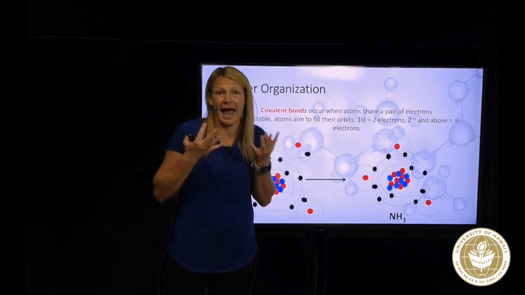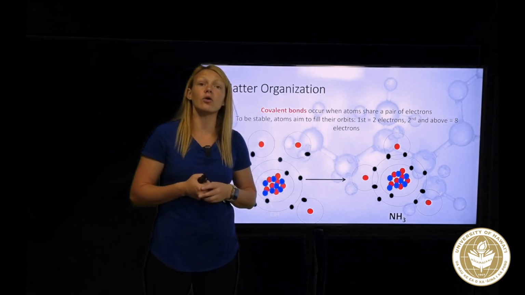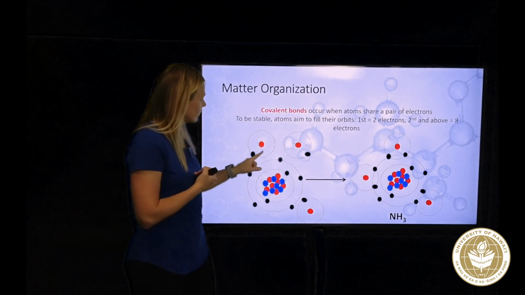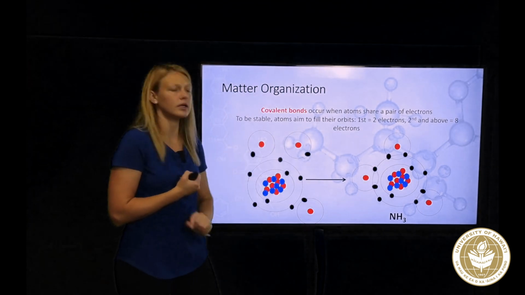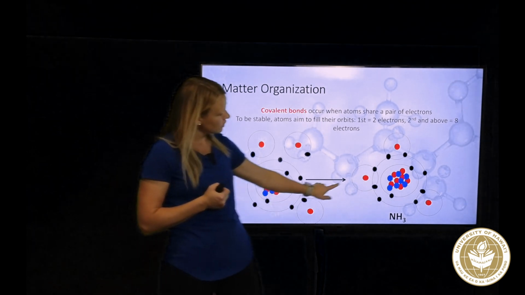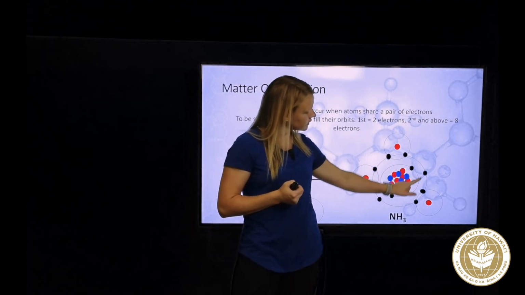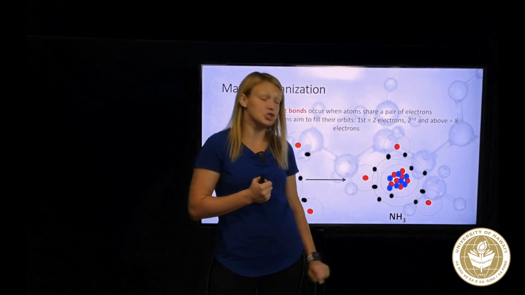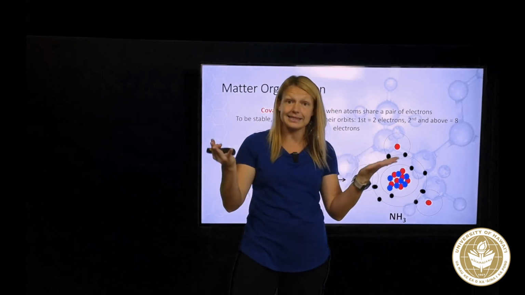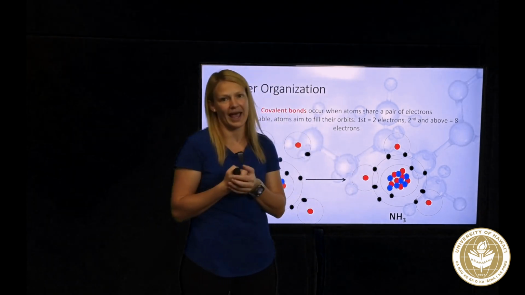We want 8 for it to be happy and stable. So 8 minus 5 would give us 3, right? So we're going to have these 3 hydrogen atoms that have 1 electron each covalently bond here, so that now in that second shell we have 1, 2, 3, 4, 5, 6, 7, 8. 8 electrons, stable and happy.